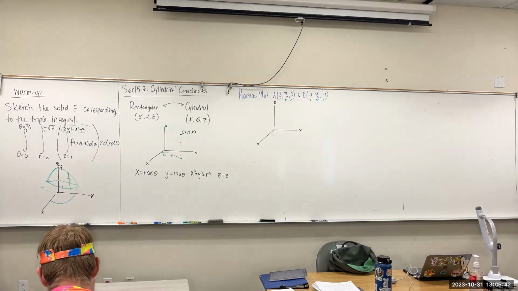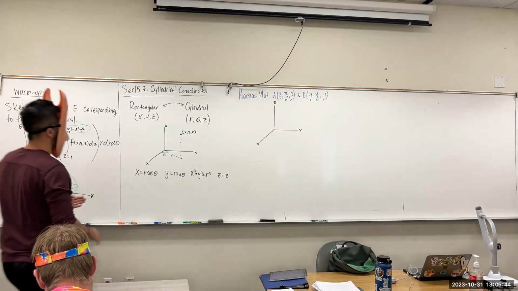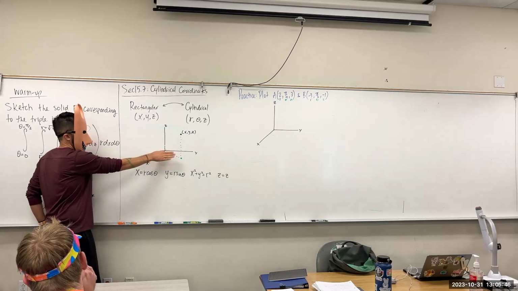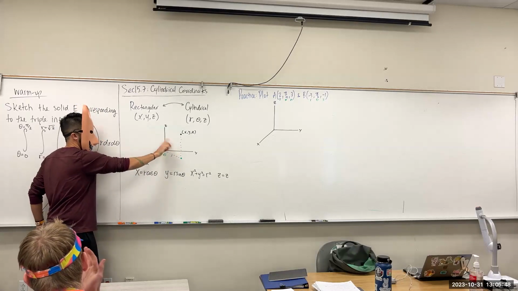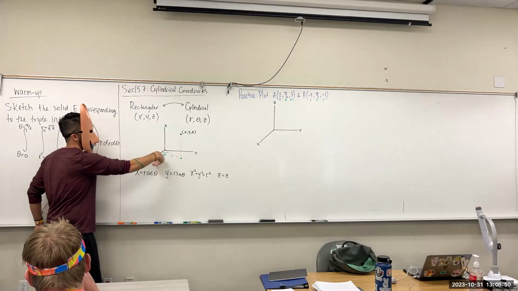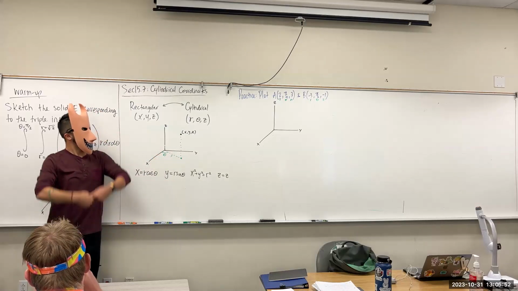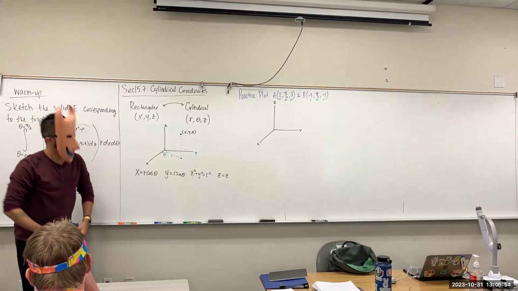Try plotting it. So if it helps, start on the xy plane first. The way you moved with polar with theta and r, same thing. z just either levitates it or it brings it down.